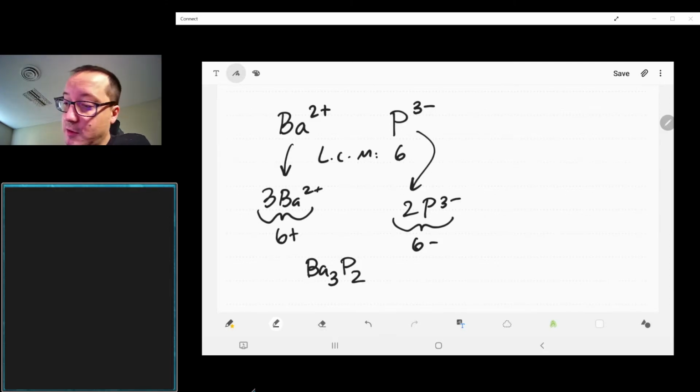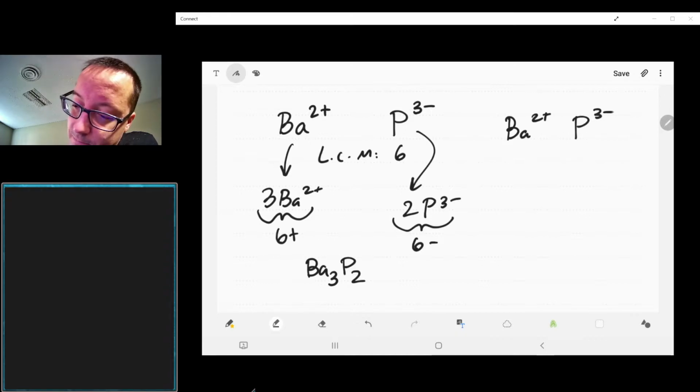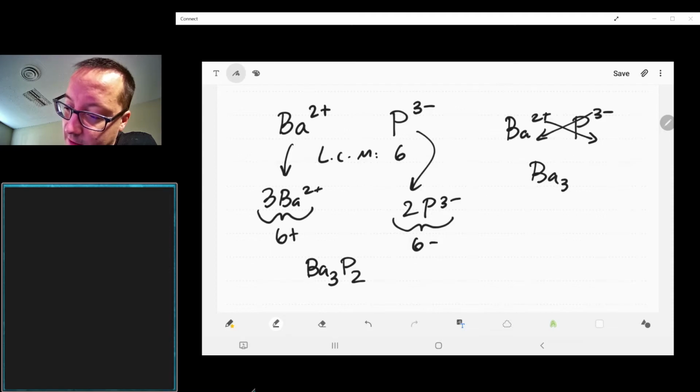Of course, you can crisscross instead, and you would get the same answer. So whichever method you like to use, go right ahead.